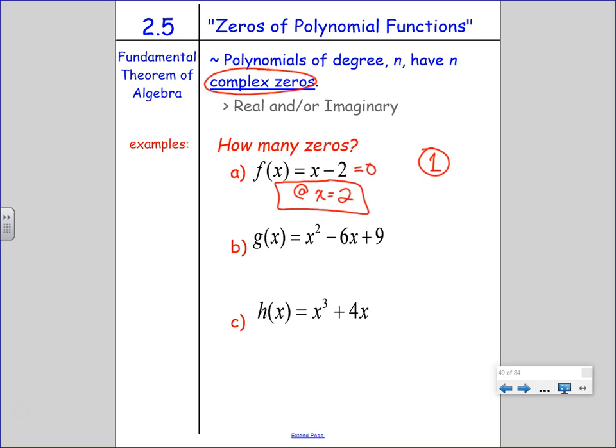Letter B, according to the statement up above, it has to have 2 zeros. What happened when you factored? x minus 3 times x minus 3. How many factors did it have? 2. How many zeros did it have, though?